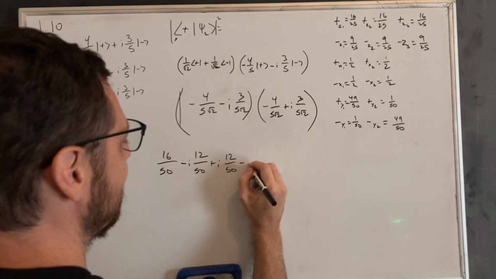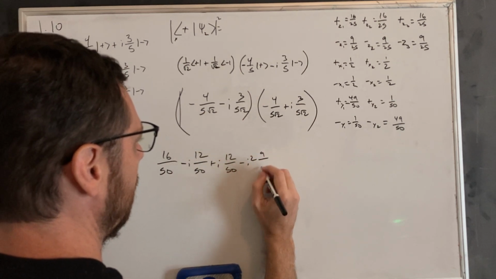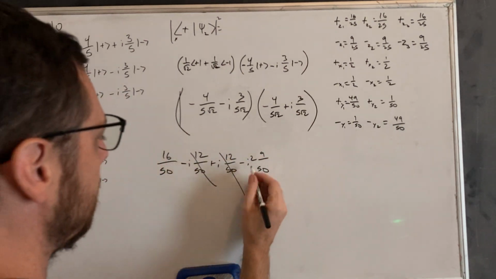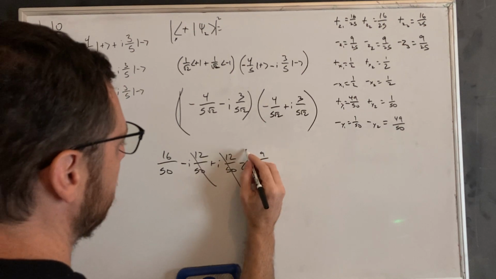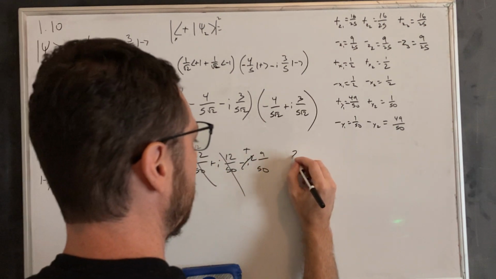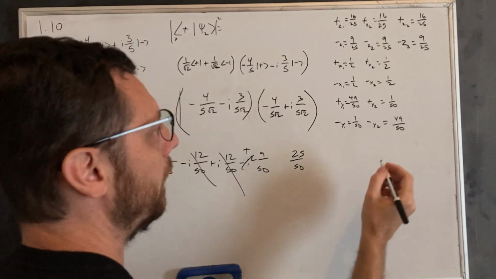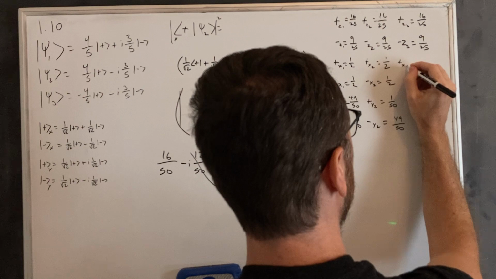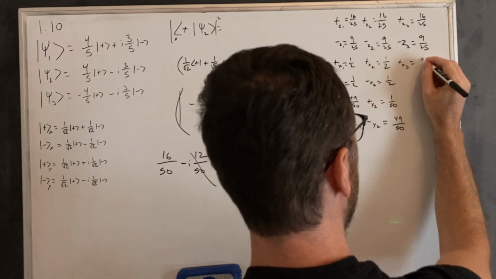And we have a minus i squared 9 over 50. So again, these cancel out. We've seen the 16 plus 9 a whole bunch of times. i squared flips the sign. So that becomes 25 over 50, or 1/2. So our up in our x direction for state 3 equals 1/2.